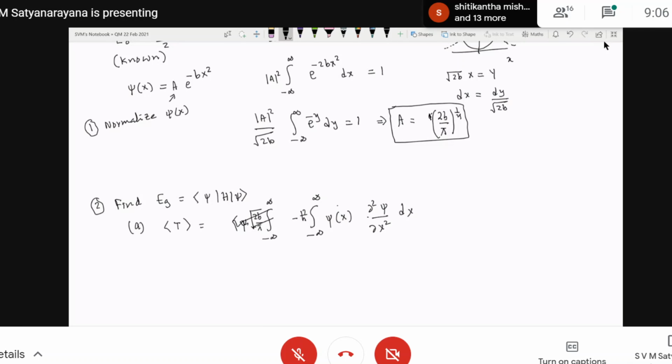So you know this psi of x is equal to A into e to the minus bx square, and psi prime of x you can write as A into e to the minus bx square into minus 2b times x.